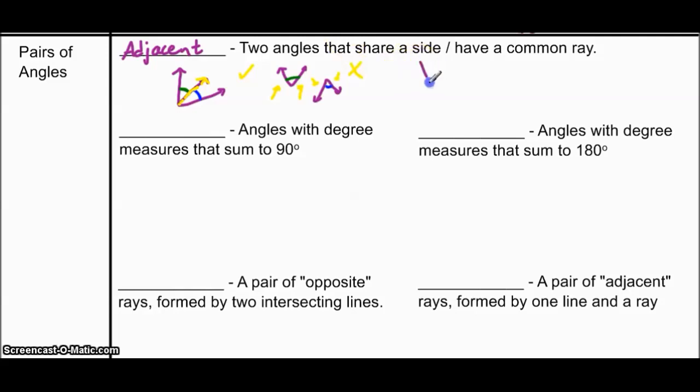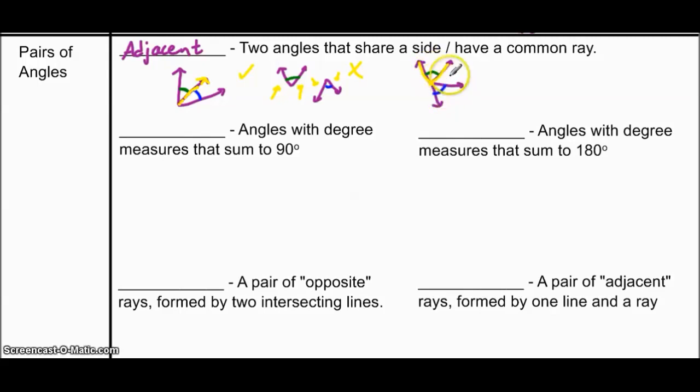Now here's one last example that's a little bit confusing. Imagine you've got one angle here and another angle here, and I'll label the first one in green and the second one in blue just like I did before. Now you might say these angles are adjacent because they have the same vertex, the same point right here, but these are not adjacent because this green angle has its own set of rays and this blue angle has its own set of rays for sides, and they do not share any of the same rays.